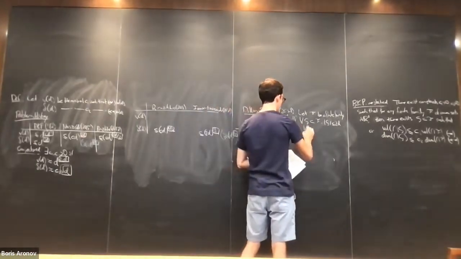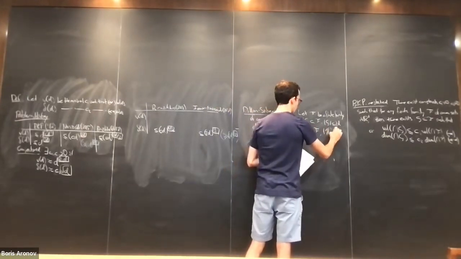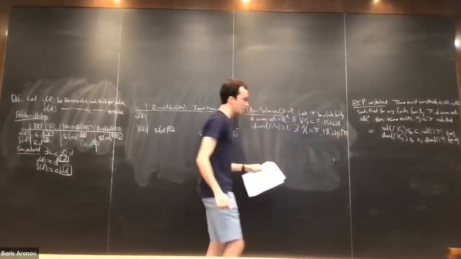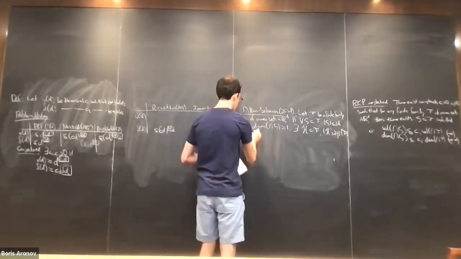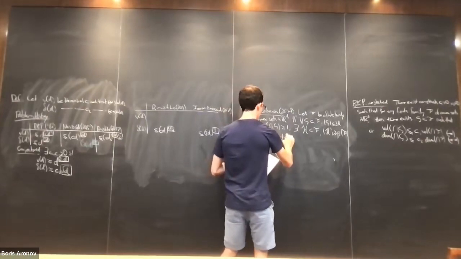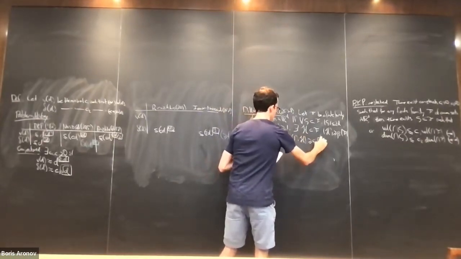So there exists an H subset of F of size beta times the size of F, where beta is constant, such that the diameter of the intersection of H is at least C times the square root of d.